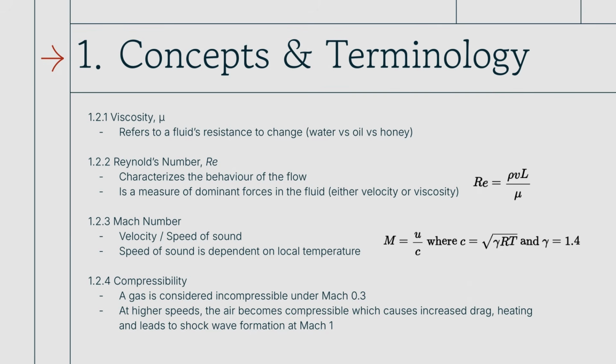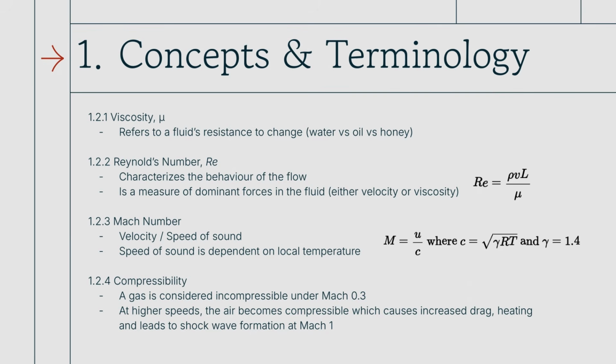The speed of sound is described by the square root of gamma R T, where gamma is the specific heat ratio, a thermodynamic coefficient. You don't have to worry about it too much. It's 1.4 for air.